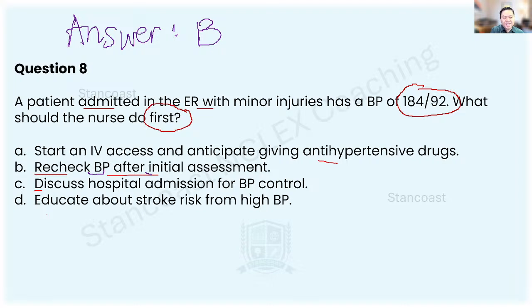So your case here is a patient, and we are given very little information here. Minor injuries, has a blood pressure of 184/92. So you are free to do a succeeding evaluation after the first blood pressure reading. So this is going to be done first. Make sure you are going to reassess, okay?